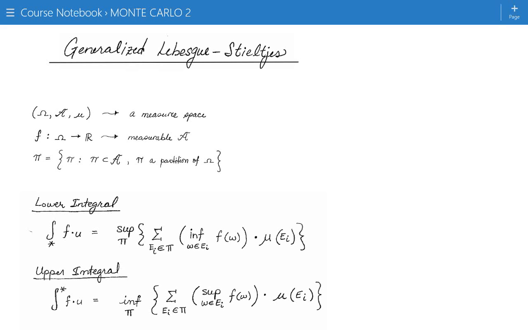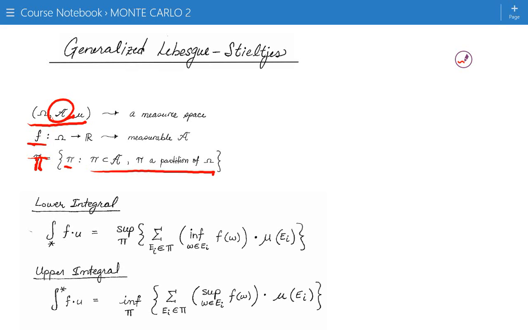To get there, we really need to look at a generalized Lebesgue-Stieltjes measure, or integral, and it's based on measure theory. So this is a measure theoretic based integral, and it is therefore required that we have our measure space. F is our measurable function, and capital Pi is the set of all partitions that exist in our sigma algebra.